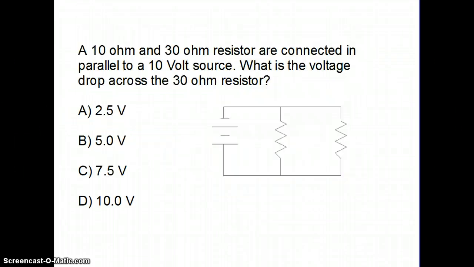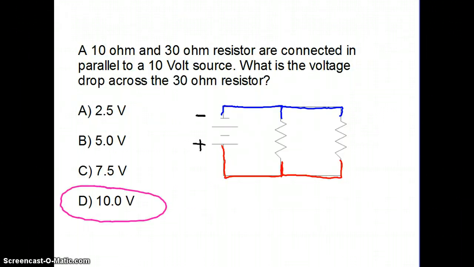All right, third question. This is a circuit problem. Parallel circuit, a 10 and 30 ohm resistor connected to a 10 volt source. What would the voltage drop across the 30 ohm resistor be? This one would be 10 volts, because in a parallel circuit you get a full voltage drop across each branch of the parallel circuit.